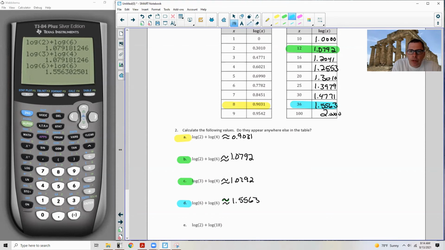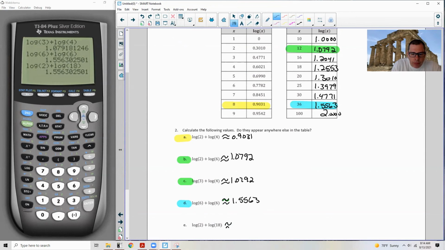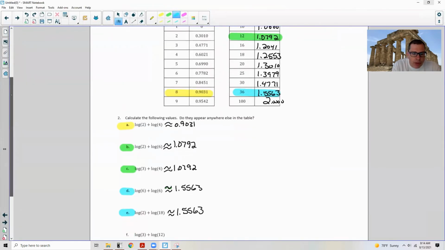All right. So let me go back to my pen and do the log of 2 plus the log of 18. So the log of 2 plus the log of 18 gives me an approximation of 1.5563. Get my highlighter out. 1.5563 was the log of 36. And there you have it. So is there more? Yes, there is.